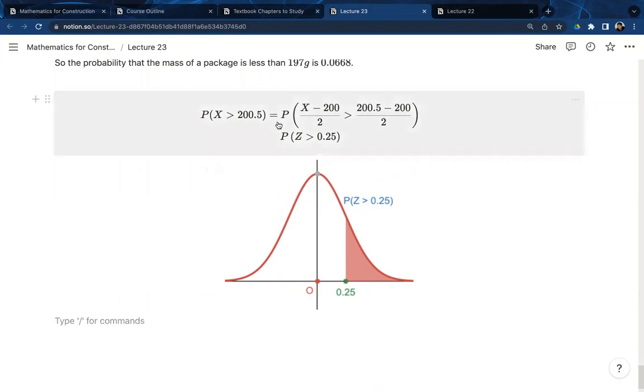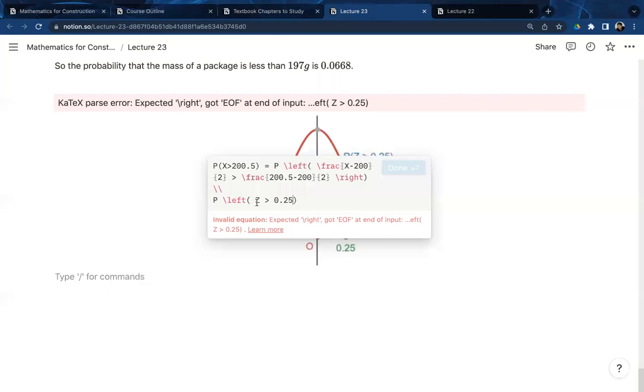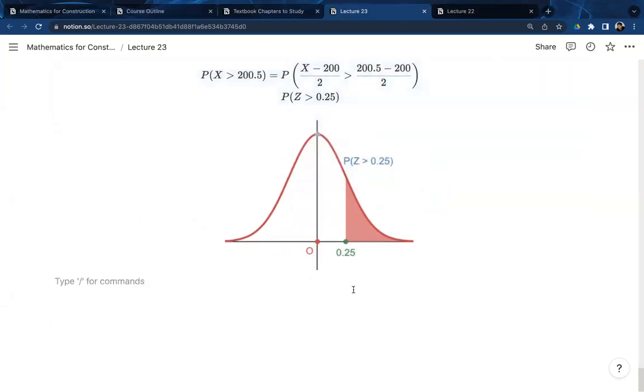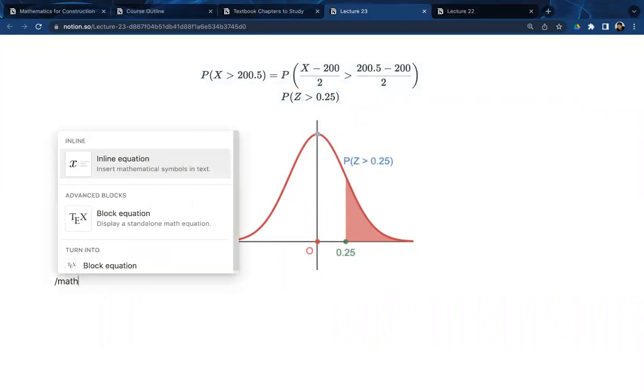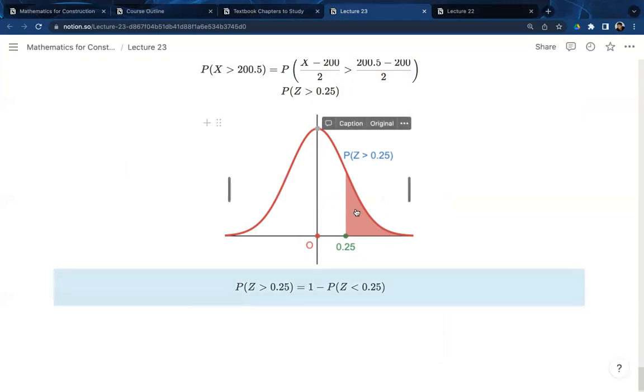change this around. Now we know the probability that Z is more than 0.25 is equal to 1 minus the probability that Z is less than 0.25. You see this area here, the red area, is 1 minus the white area.